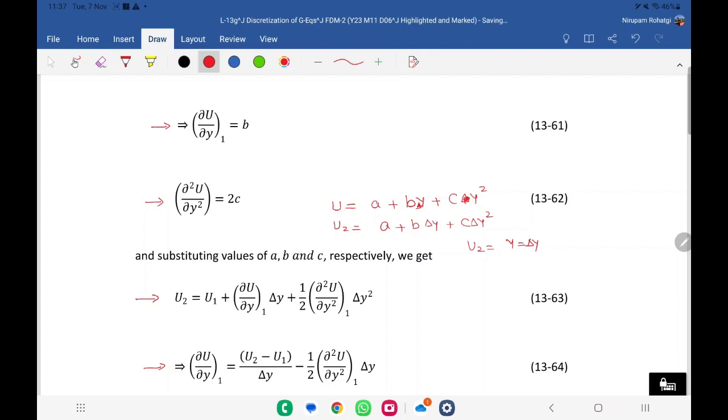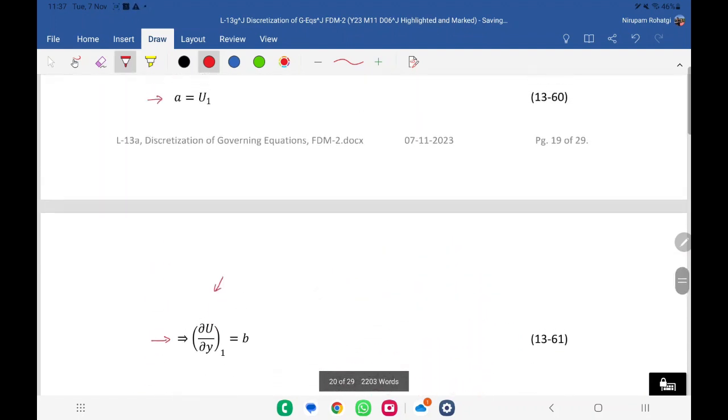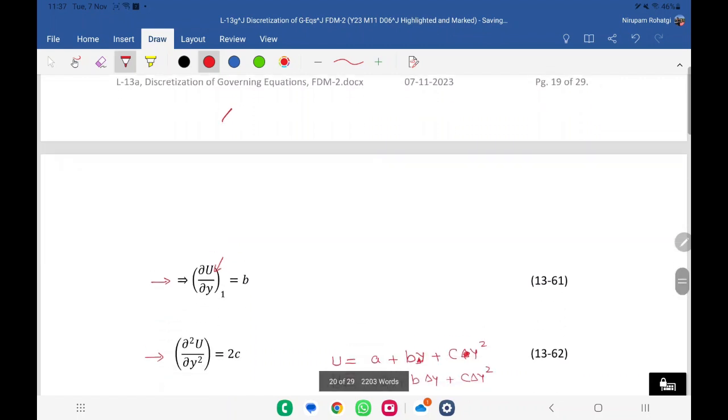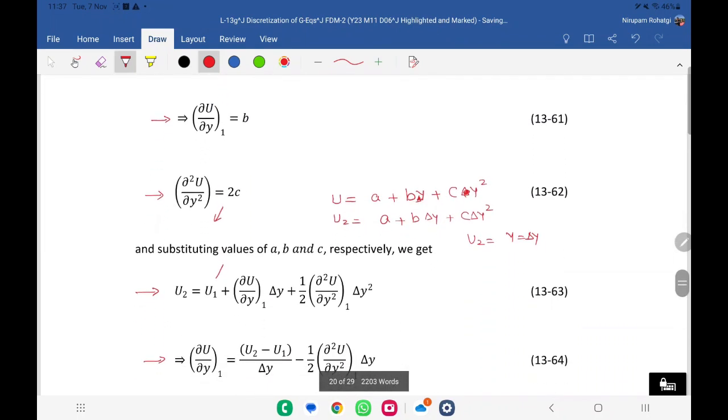Okay, now what has been done, we have put the value of a, that is equal to u1, and we have put the value of b here, del u by del y, and the value of c here is this, c is equal to half of this.